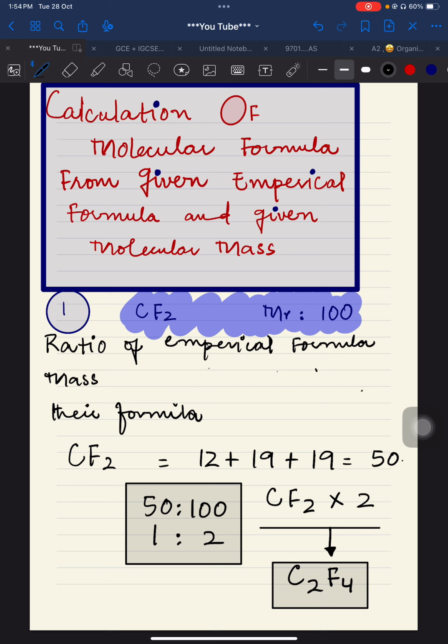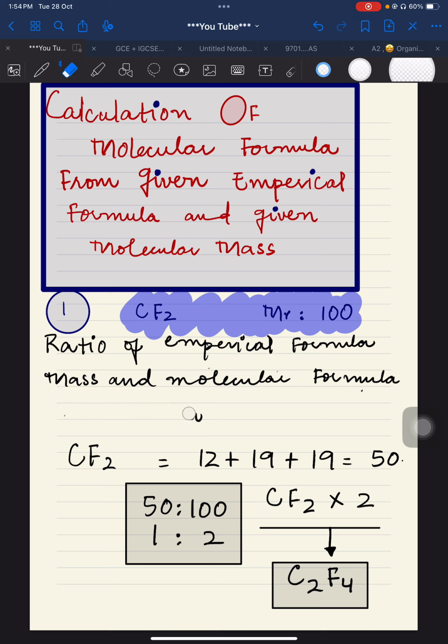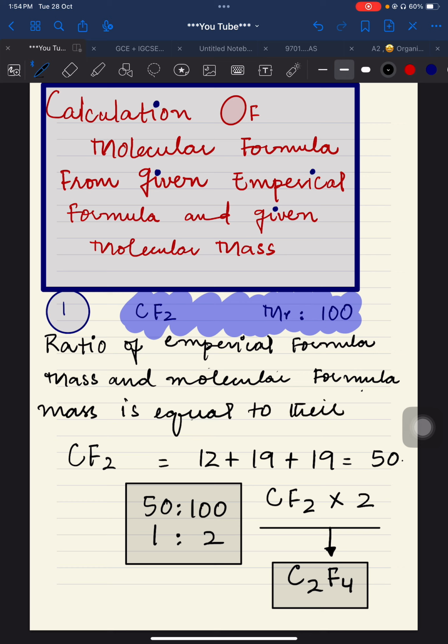The ratio of empirical formula mass and molecular formula mass is equal to their formula ratio. So it means that their mass ratio and their formula ratio are the same.